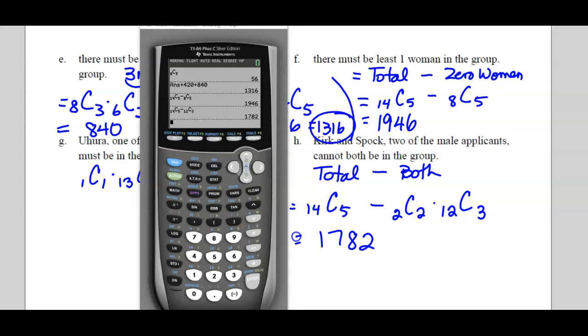For each group that has both Kirk and Spock, there's this many ways of choosing the remaining 3 people. This is really just a value of 1, right?